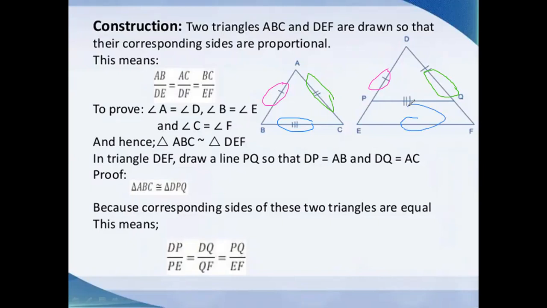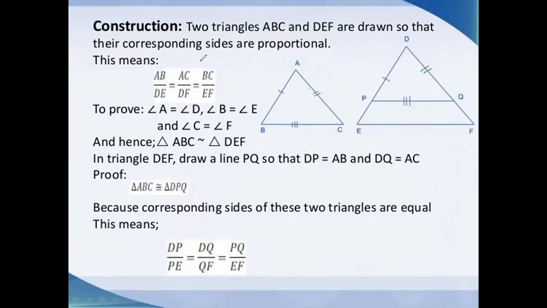So in triangle DEF, draw a line so that DP, they are equal. If we put that in a proportion, side AB is proportional to side DE. Okay, we make it clear so that it will be clear to you.